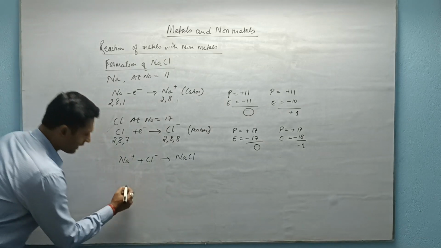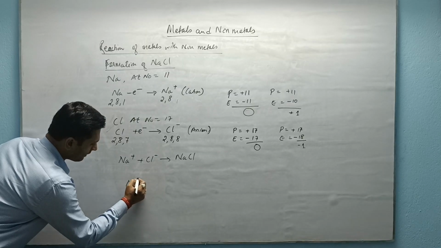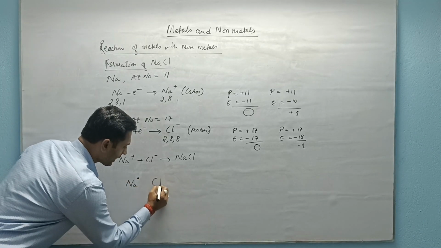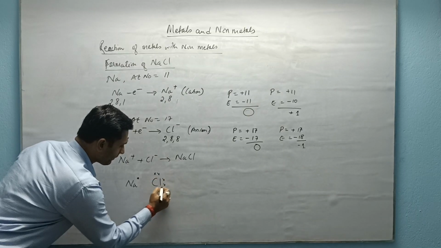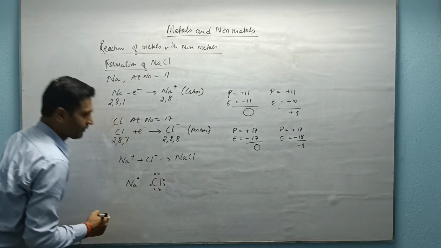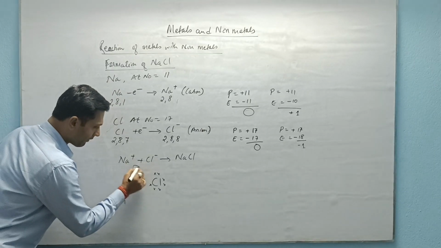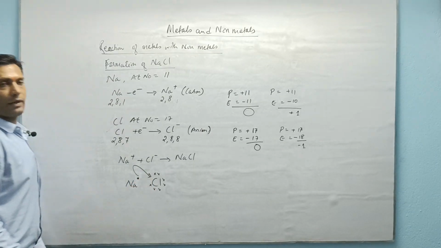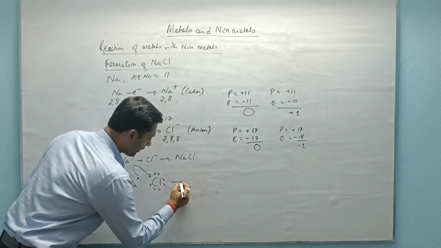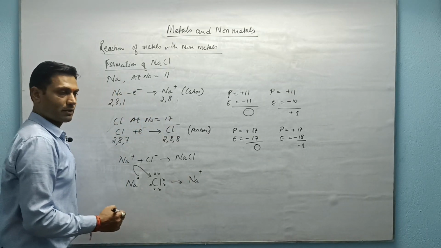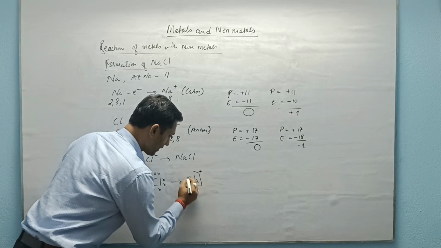We'll see how the electron gets transferred here. Sodium has one electron in the outermost orbit, and chlorine has 7 electrons in the outermost orbit. So sodium will give away its electron to chlorine. Sodium will become positively charged.